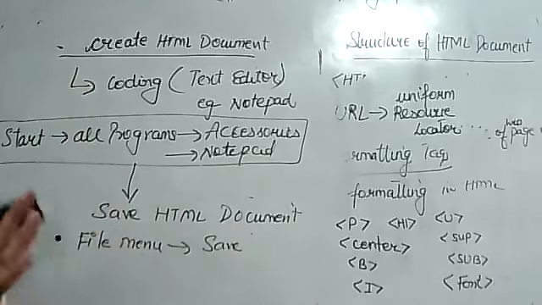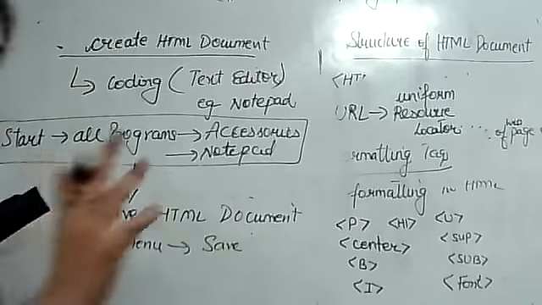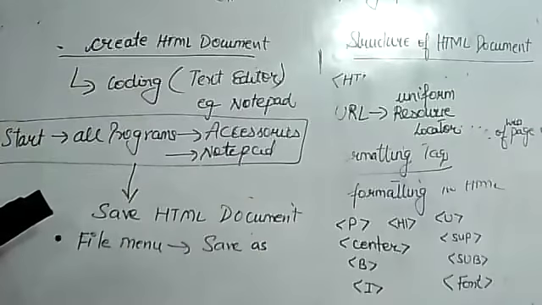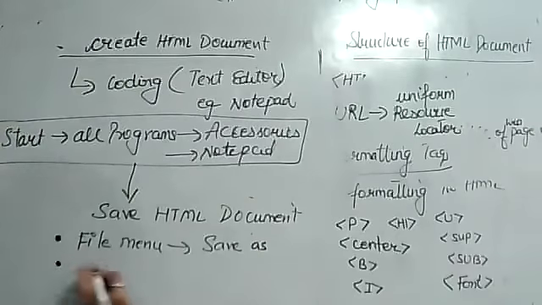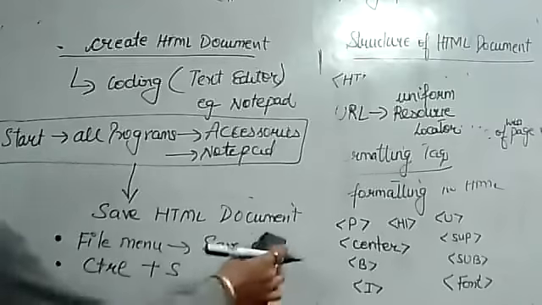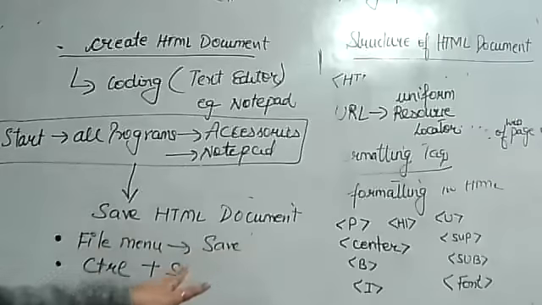Save तब करना है second time or third time whenever you have added the coding. But first time you have to use the option save as. The second method, you can use the shortcut key Control plus S. File menu, save option or save as option.